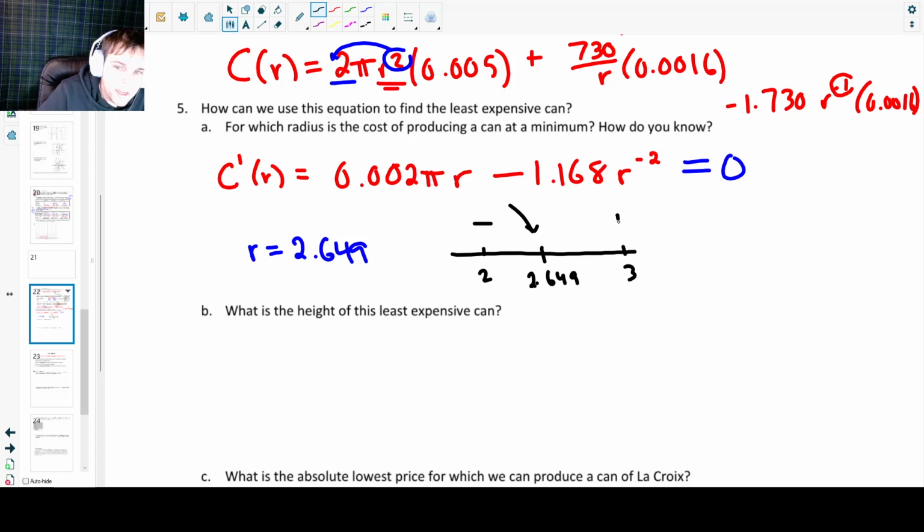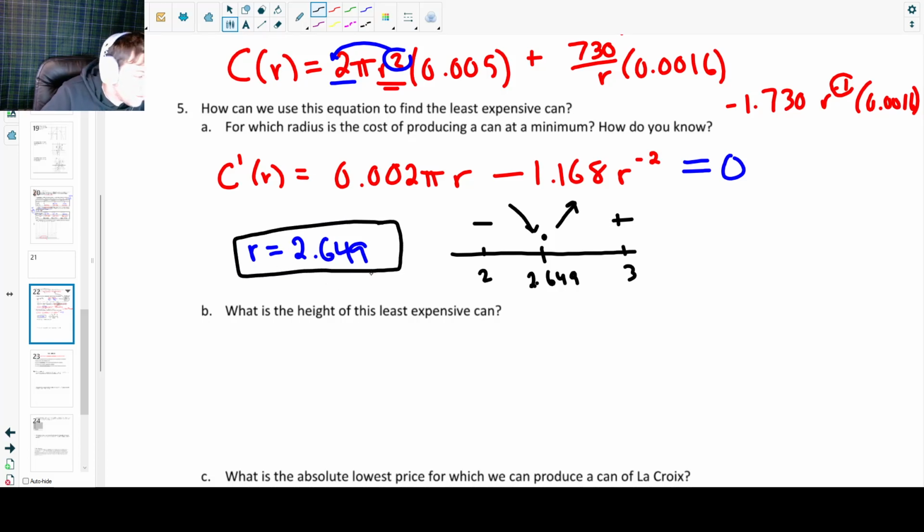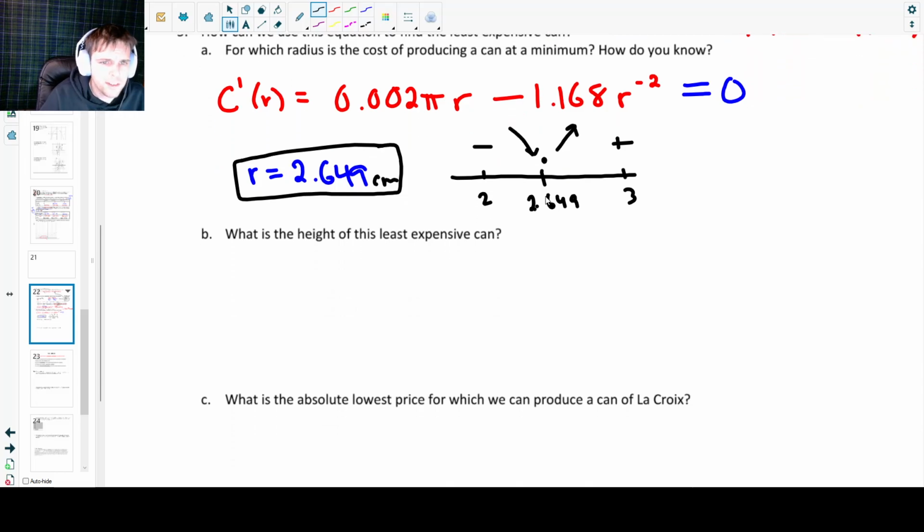And when I plugged in 3, I got positive, which means we are increasing out. So this is a minimum value. So we have figured out the minimum cost is based on a radius of 2.649 centimeters. That is a decimal approximation. It's not exactly the answer, but it's a pretty good approximation.